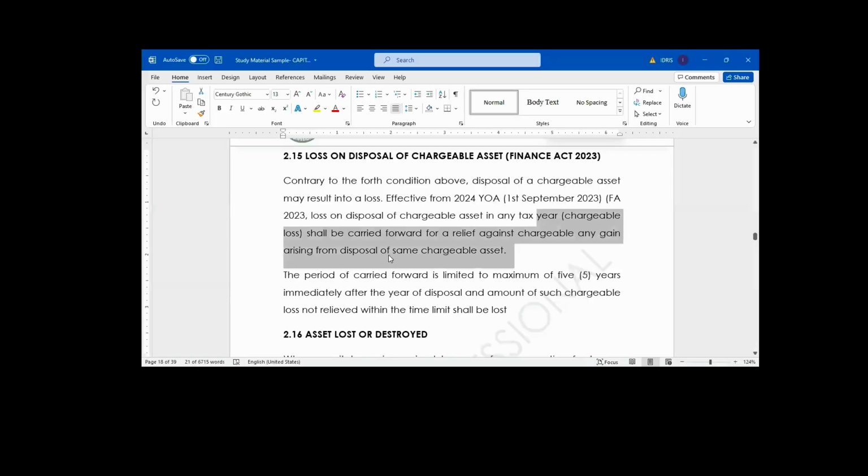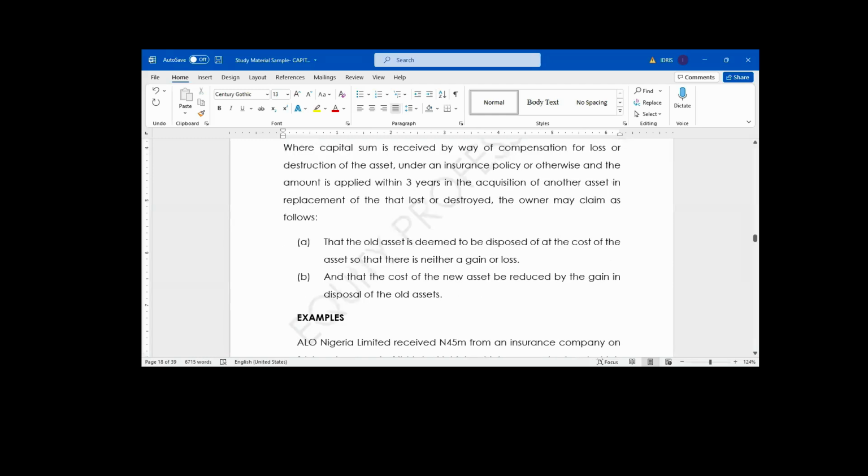A situation where you invest the sales proceeds from disposal of an old asset in the purchase of a new asset is called rollover relief.